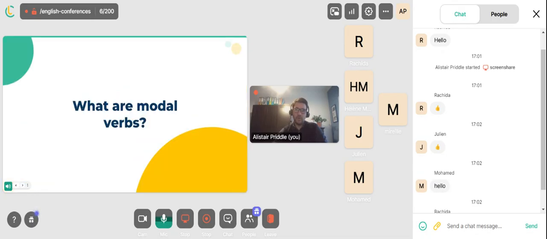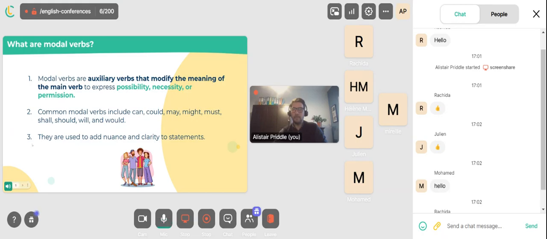So first of all, what are modal verbs? So number 1, modal verbs are auxiliary verbs that modify the meaning of the main verb to express a function, possibility, necessity, or permission. Number 2, common modal verbs include can, could, may, might, must, shall, should, will, and would.